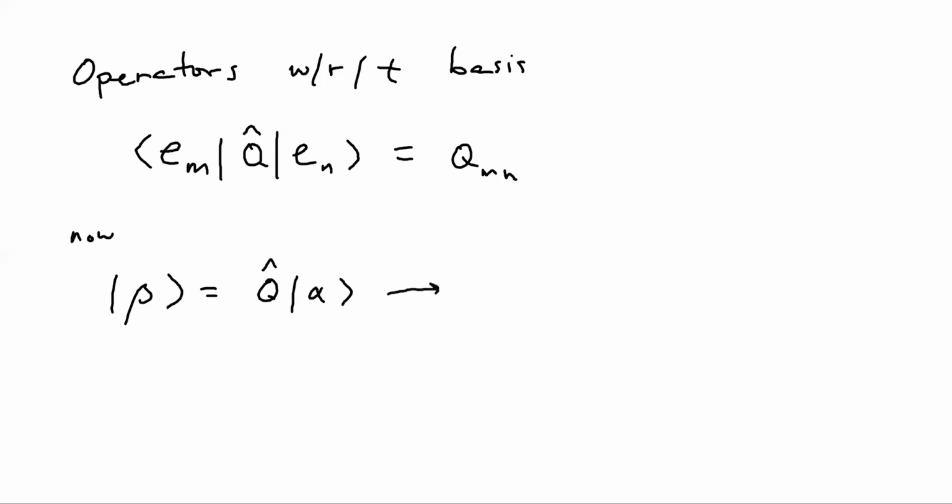And that can be re-explained as our beta in terms of all the different basis and the coefficients in that basis should equal our q hat acting on our alpha. Well, we could describe our alpha as being these different components in our basis, and move the q hat in there, right?